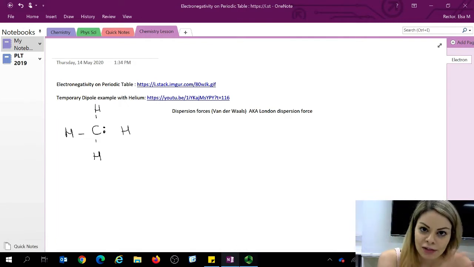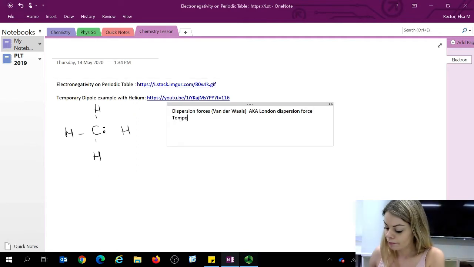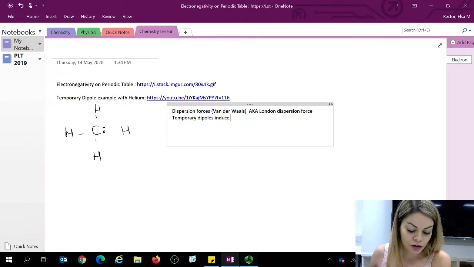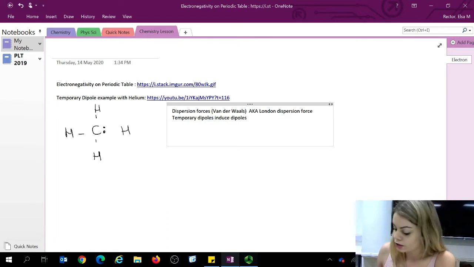I'm going to write that down and then we're going to have a little look at a clip that kind of explains that. So, temporary dipoles induce dipoles.